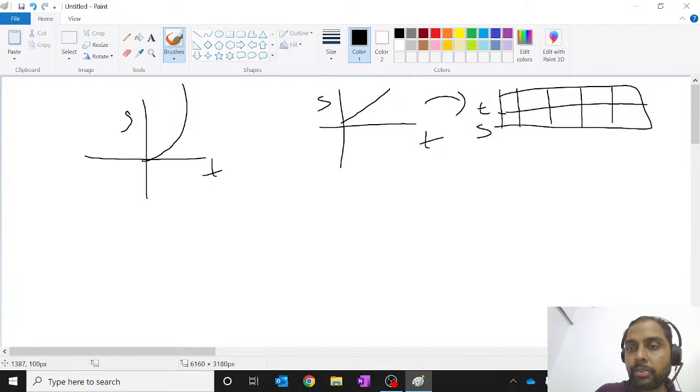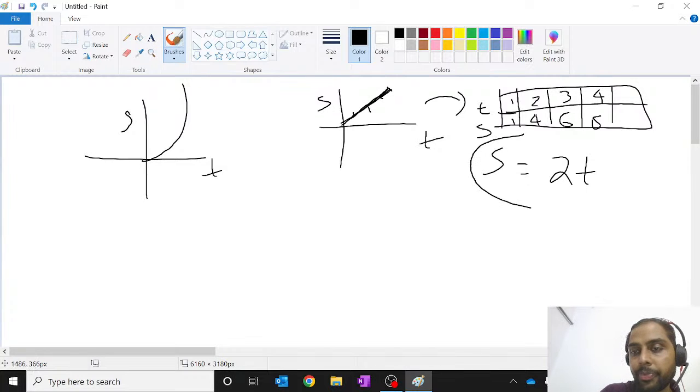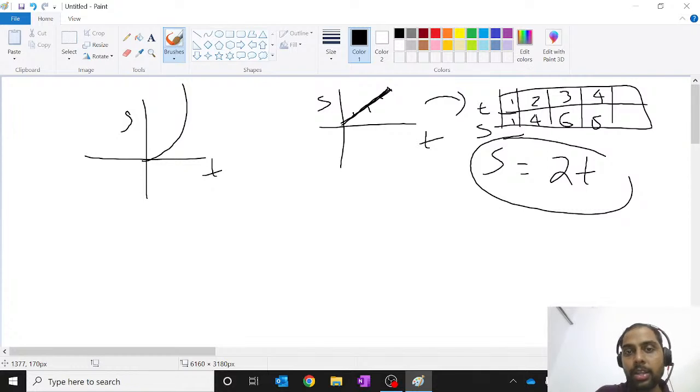When t is 1, you would get some value. When t is 2, this is 4. When t is 3, this is 6. When t is 4, this is 8. You would plot the points 1, 2, 3, 4 and find the equation between s and t. For a second, let's assume s is nothing but 2t. This is the relation between these two, and this is how the graph between these two operates.